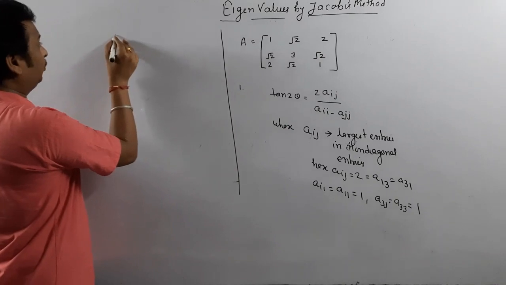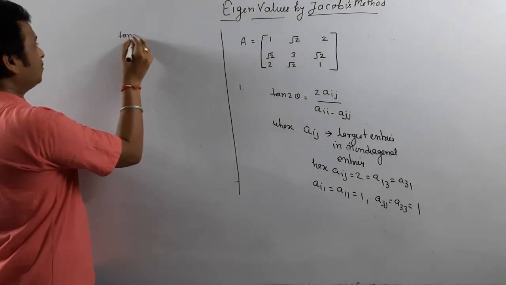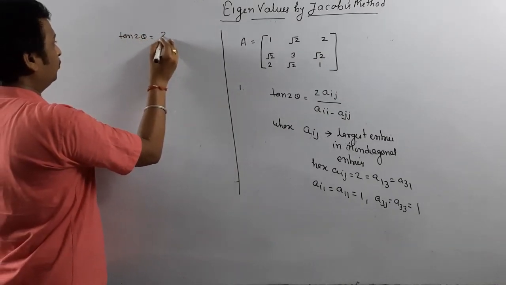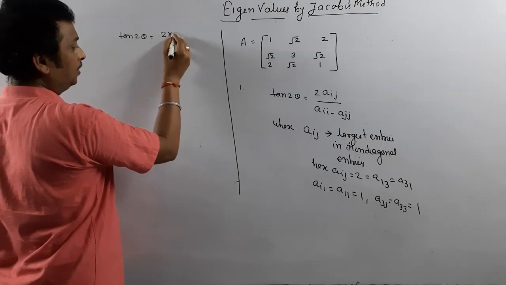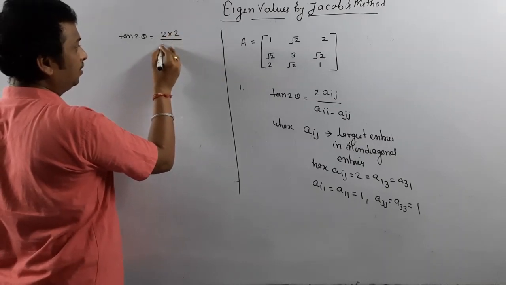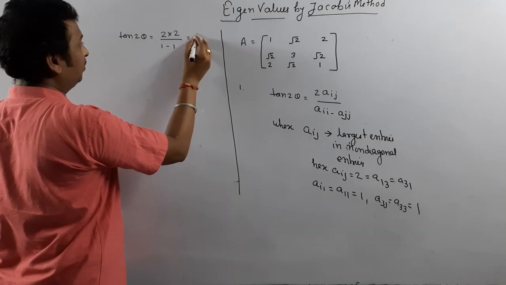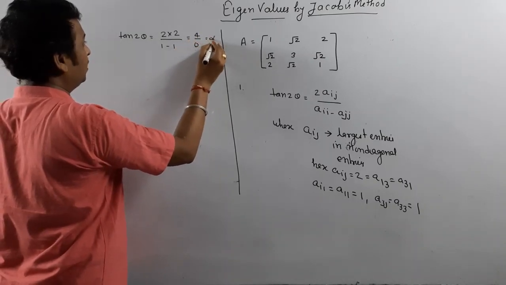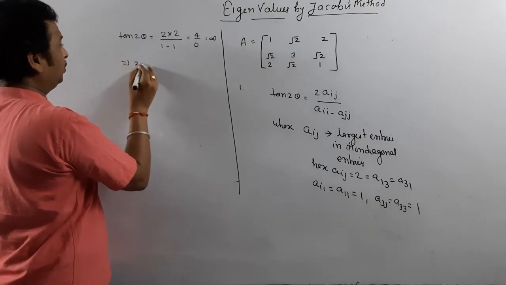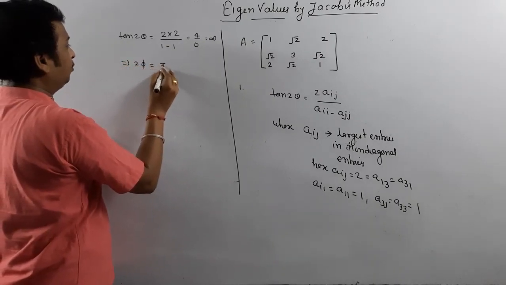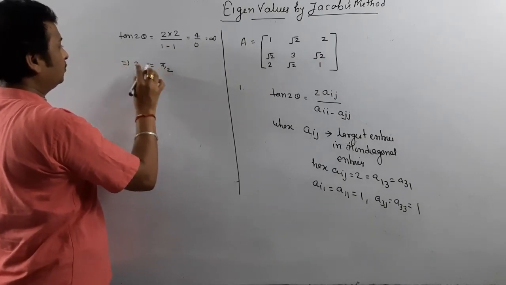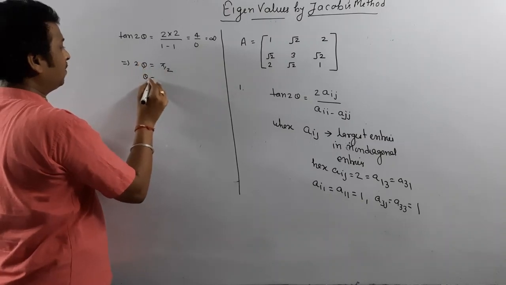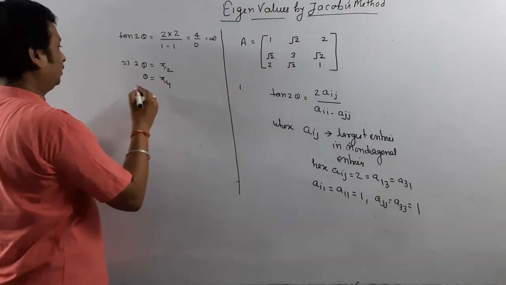So what is tan 2 theta then? 2 into 2 by 1 minus 1, which is 4 by 0, which means infinity. So 2 theta is equal to pi by 2. So what is theta? Pi by 4.